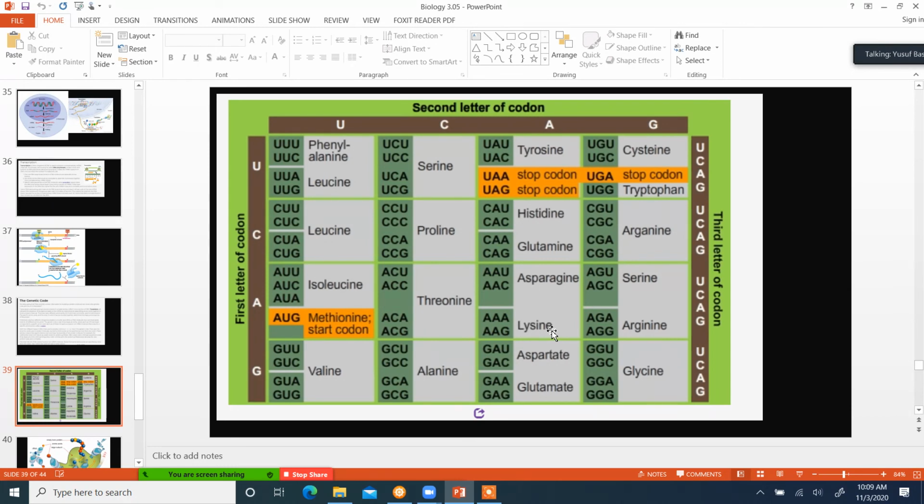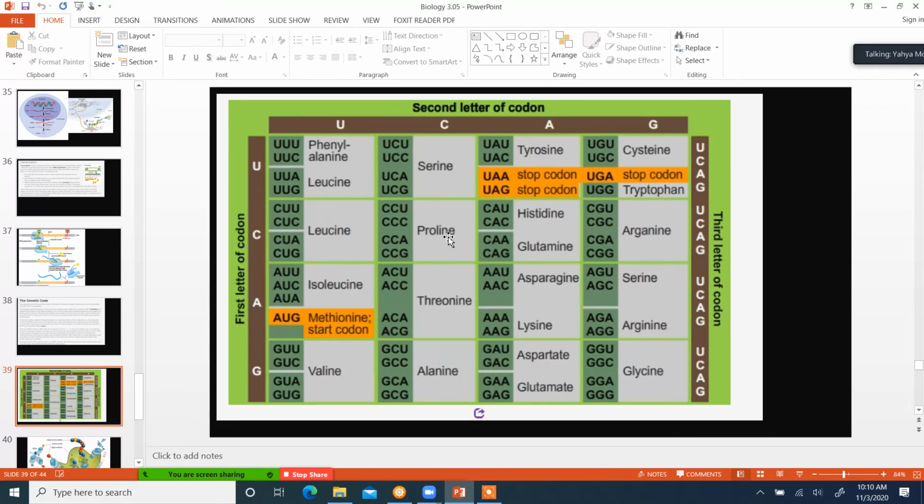So take a look here. One triplet can make a lysine. AAG can also make a lysine. Both make a lysine. Look at this one for proline. If you have any of these four, you're going to put proline in the protein.